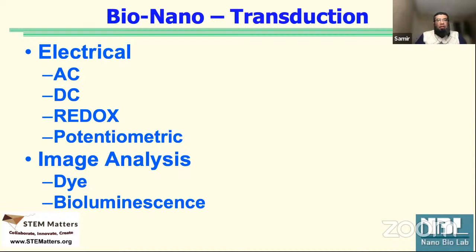Another light-based signal, more recently, in the last two decades, is a new phenomenon called surface plasmon resonance, which is more in the physical property of light. So surface plasmons are the changes in, so we strike a light onto a hard material.